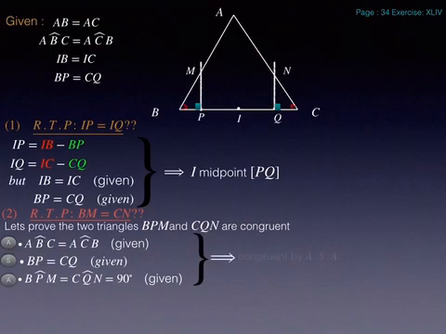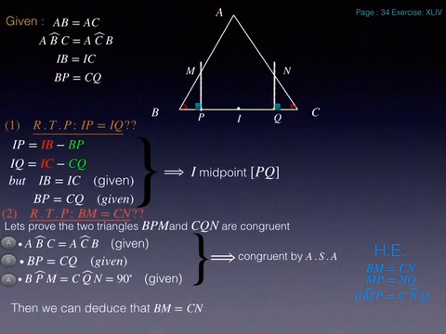So now we can conclude that these two triangles are congruent by angle side angle, and that the two sides BM and CN are equal. Also MP is equal to NQ, and the two angles BMP and CNQ are equal. And so we can deduce that the two sides BM and CN are equal.